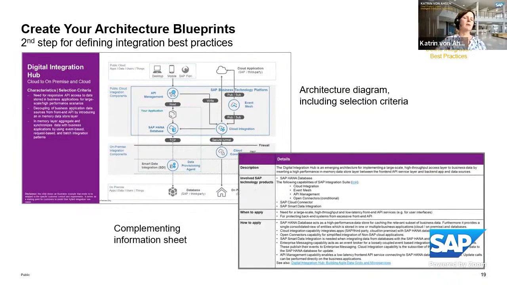Then it's recommended to also provide complementing information here. We have a simple to fill out information sheet where you list the components involved and also guidance about when to apply this architecture blueprint and how to apply it. For instance, referring to tutorials and also to missions at SAP Discovery Center.